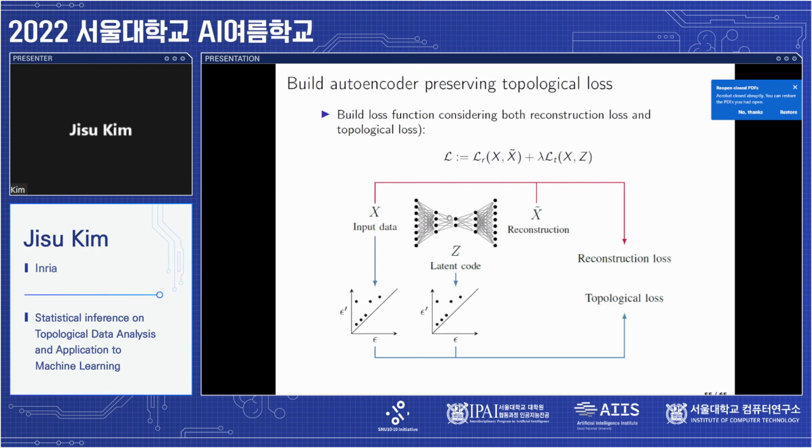When you compare the input and the reconstruction for them to be similar and consider reconstruction loss, this is a typical autoencoder. But you can also additionally consider the topological similarity of the input data and latent code. You do this by computing the distance between the input data and latent code, and then you train along the direction that the input data and the latent code are also topologically similar.